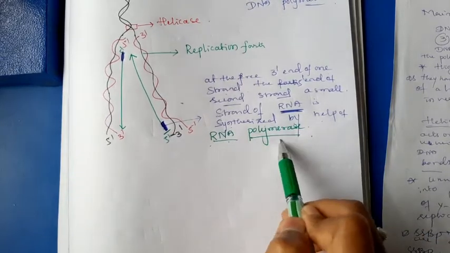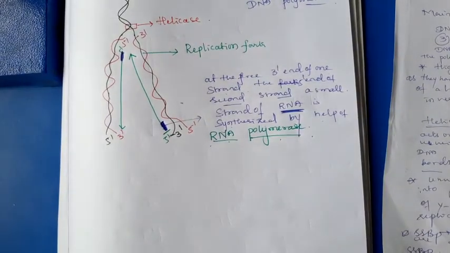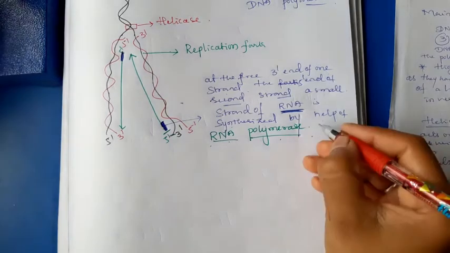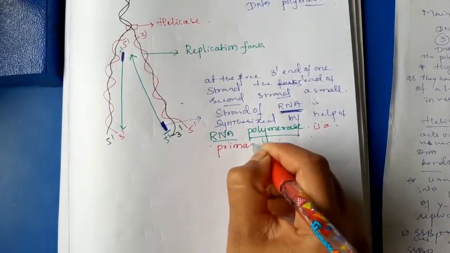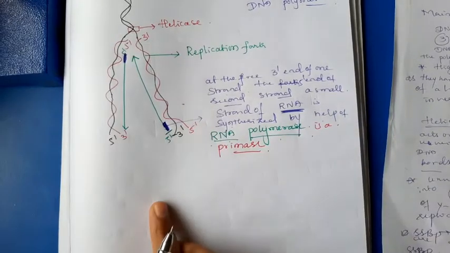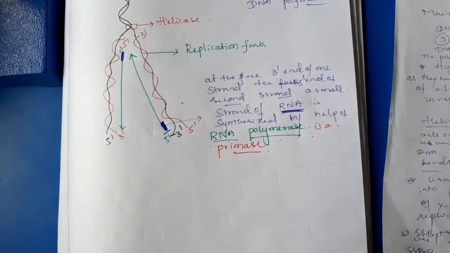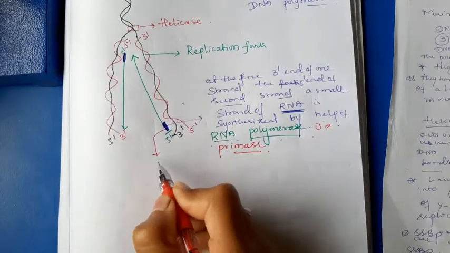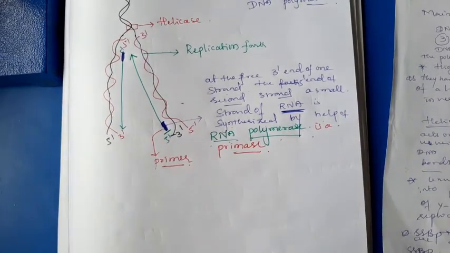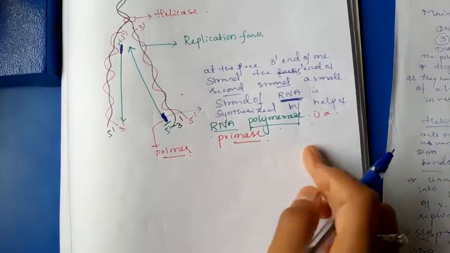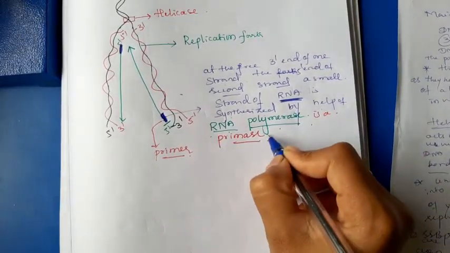This RNA polymerase is nothing but the primase enzyme. The synthesized RNA is known as primer. The RNA primer is to be added at the initial point of replication.